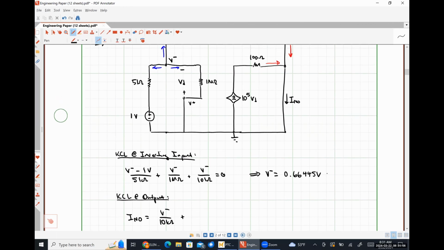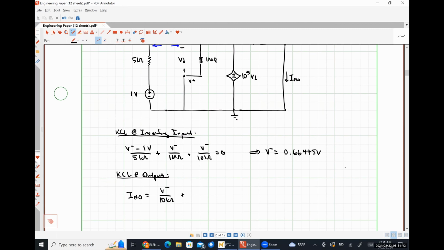Plus the current flowing in through the 100 ohm resistor, which is going to be 10 to the 5 times negative V minus over 100 ohms. And if we substitute in that value from V minus above, this comes out to be negative 664.45176 amps. So I want to be very clear about something here.